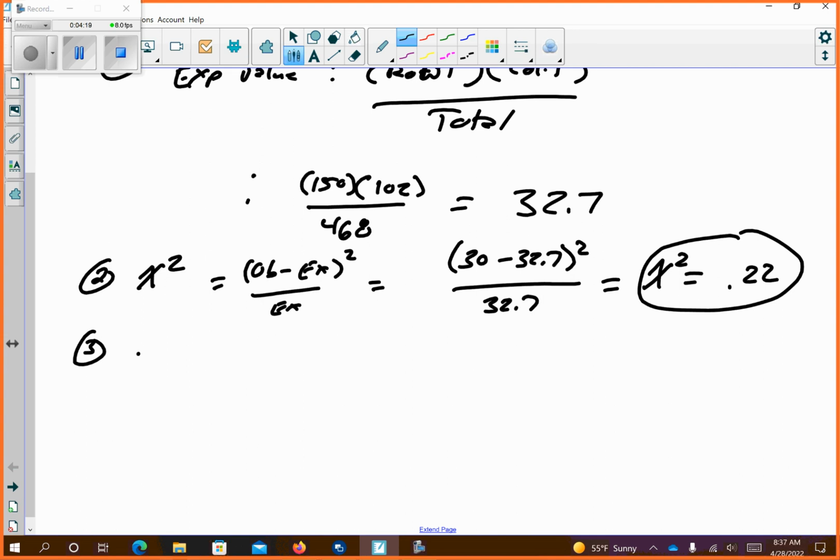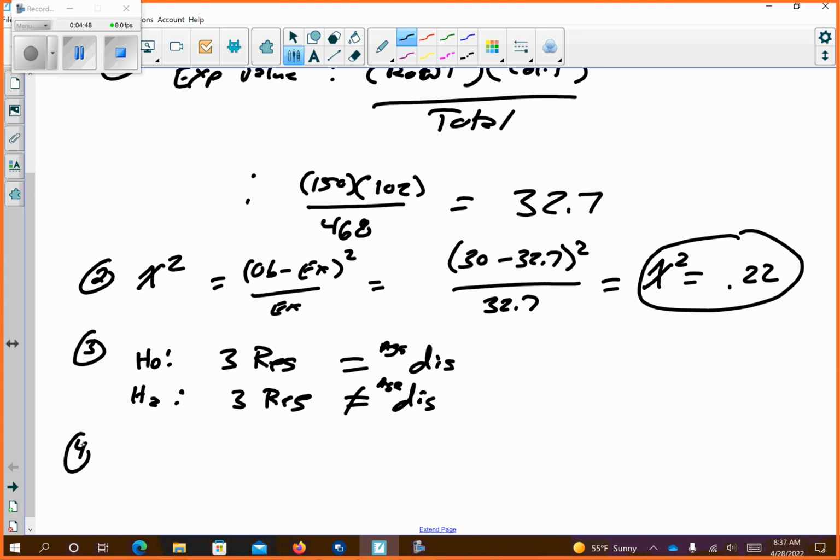All right, so number 3 says we want this based on the chi-squared. The null is the 3 restaurants have equal distribution. The alternative is the 3 restaurants don't have equal age distribution, and that was for age.